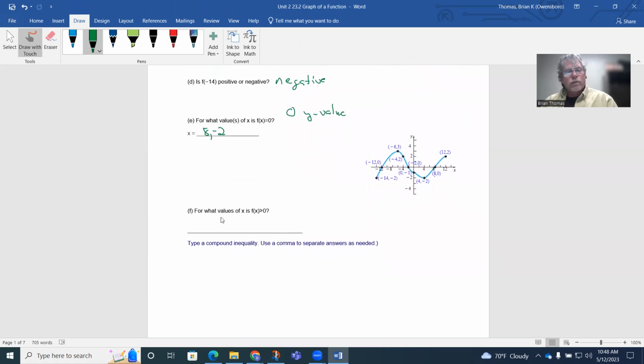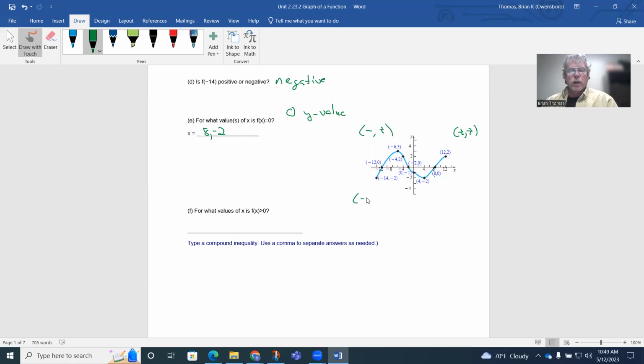So for what values of x is f of x greater than 0? Notice how, again, 0 represents the y value, so we have to have a y value that is greater than 0. So where are the y values greater than 0? Remember, in the first quadrant, x was positive, y was positive. In the second quadrant, x is negative, y was positive.